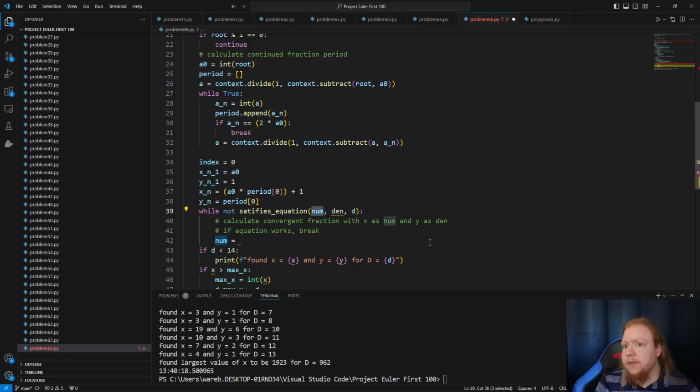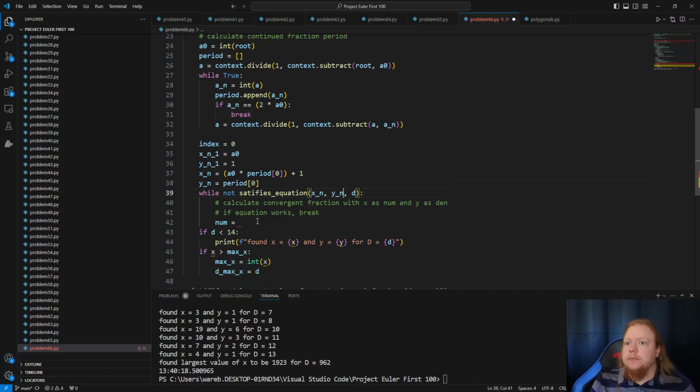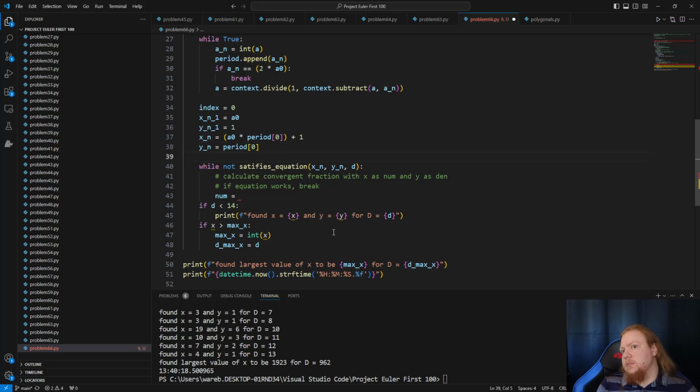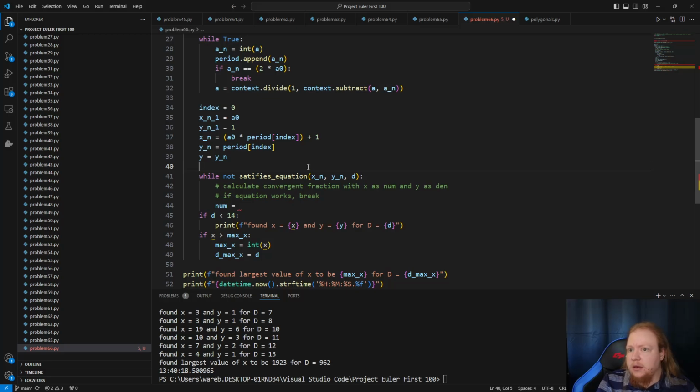So x of n and y of n. Okay, so the first y equals y of n, and then the second, first x equals x of n.